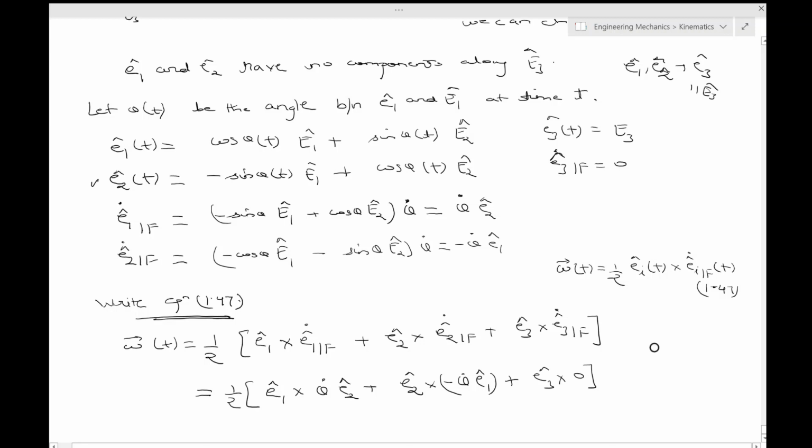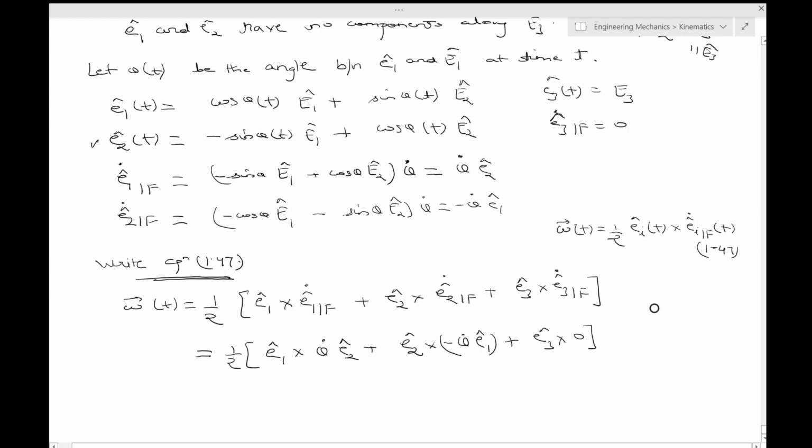Now you can use the cross product rule, and you will find out that this quantity is equal to theta dot E3 hat. This quantity is also equal to theta dot E3 hat. So this will overall become theta dot E3 hat.